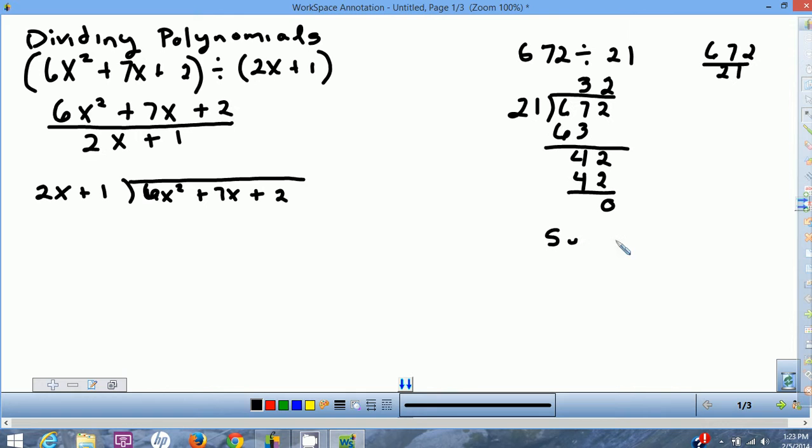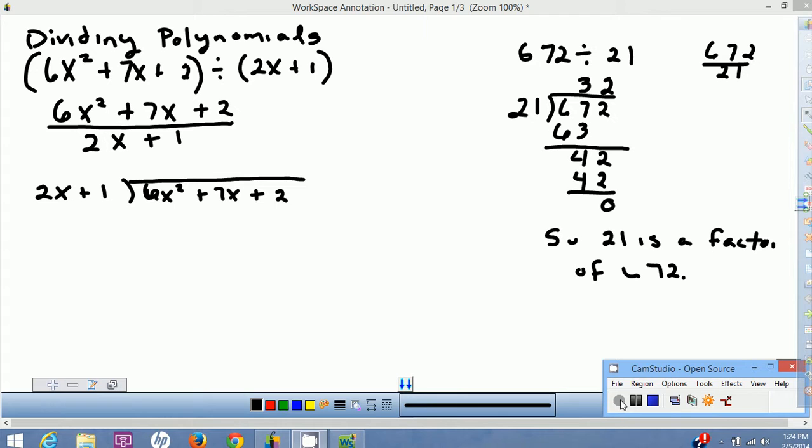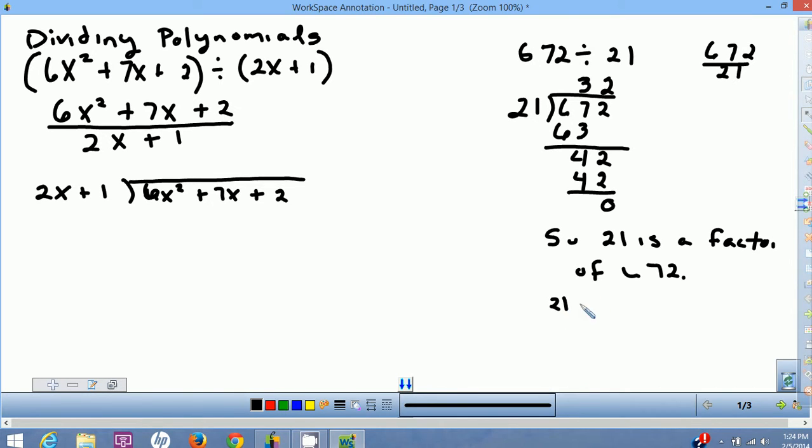I can say that 21 is a factor of 672, and I can say that 21 times 32 is equal to 672. So that's a plain old division problem and the conclusions we can draw from that.